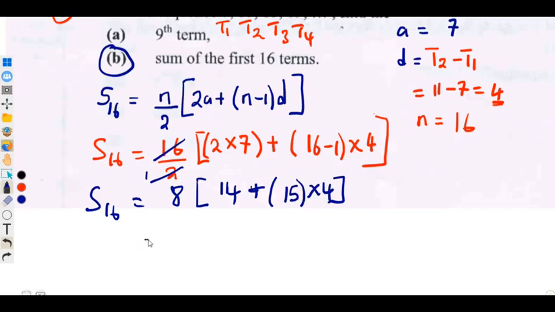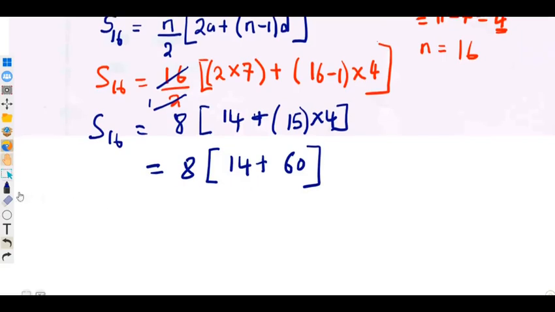So from here we are going to say 8 open square bracket 14 plus, then we just say 15 times 4, this will give us a 60. So from there, what are we going to get? From there we are going to write sum of 16 terms is equal to 8 open square bracket.